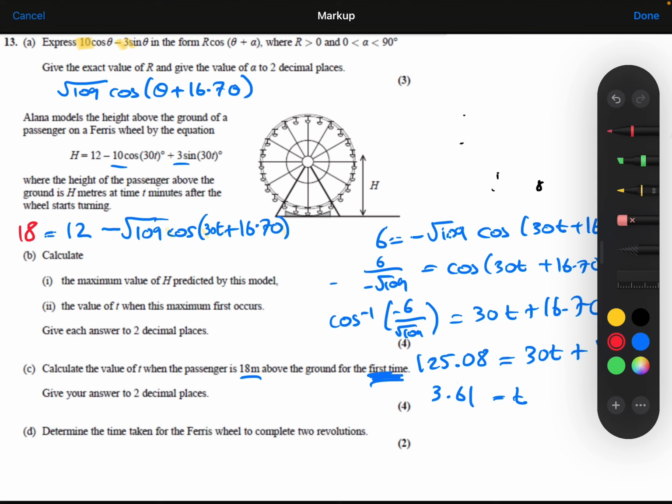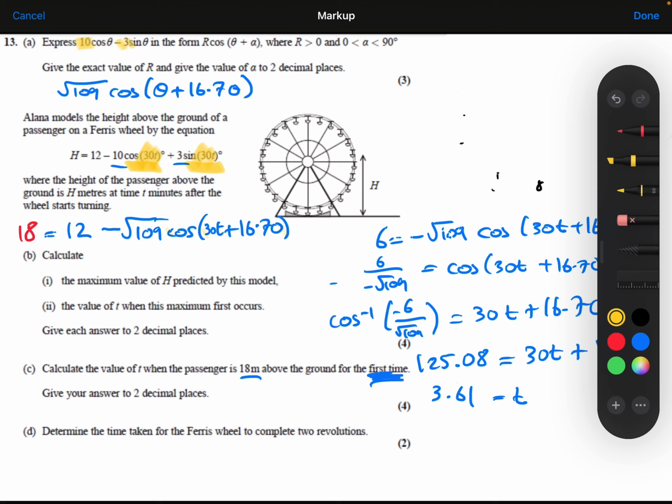Now for part D. Determine the time for the Ferris wheel to complete 2 revolutions. Now remember that both cos and sine do 1 revolution when the inside here, when this 30t is 360 degrees. Both cos and sine are cyclical and have a period of 360 degrees.